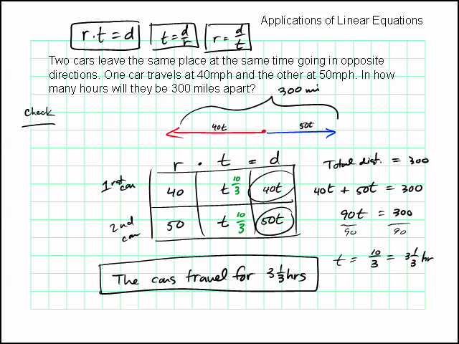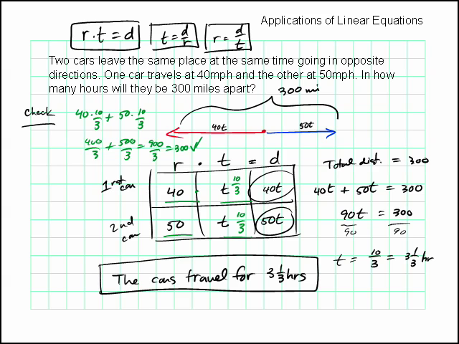So I'm going to multiply across here: 40 times 10/3 plus 50 times 10/3. If this is the correct answer, that should add up to 300 miles. That's 400 over 3 plus 500 over 3. That's 900 over 3, and that is 300, and so it does check out.